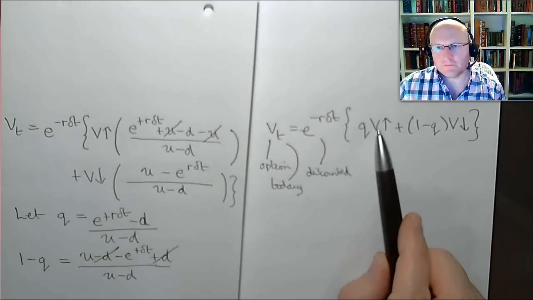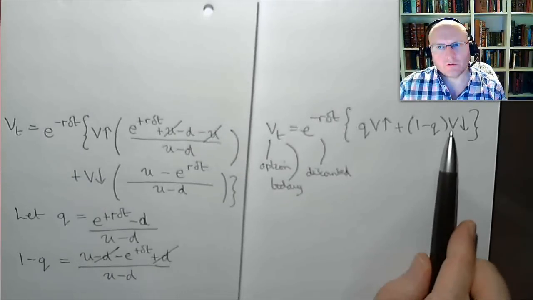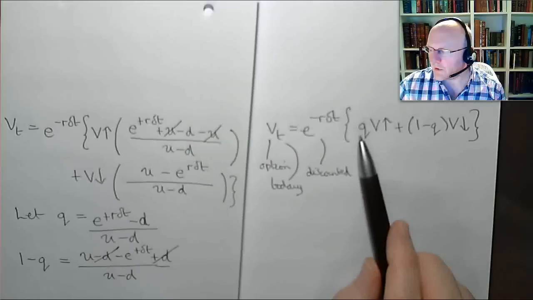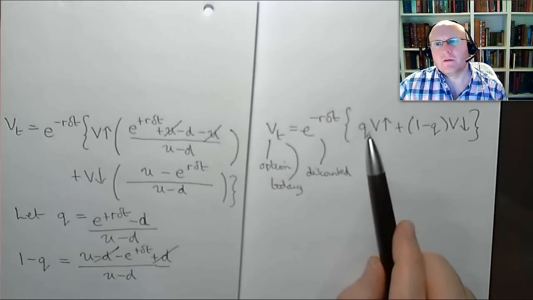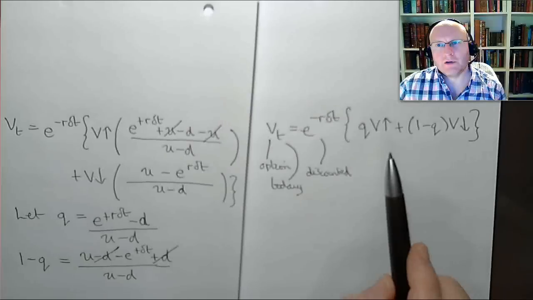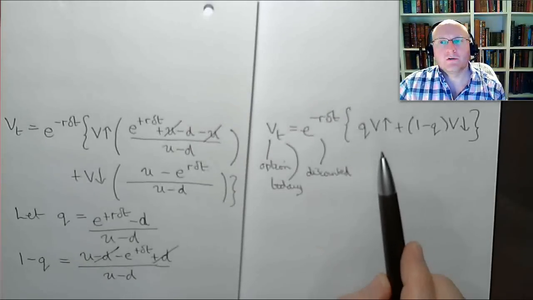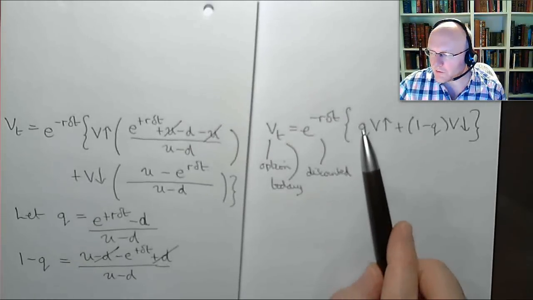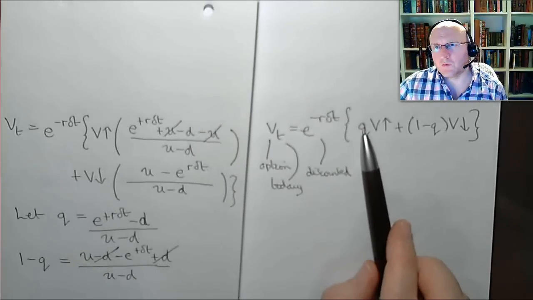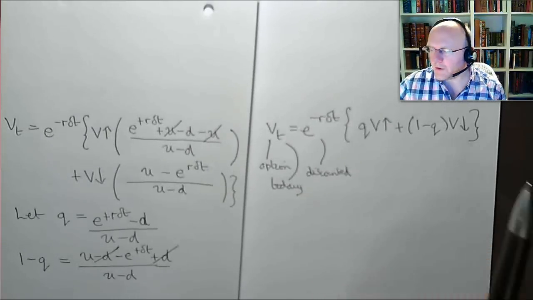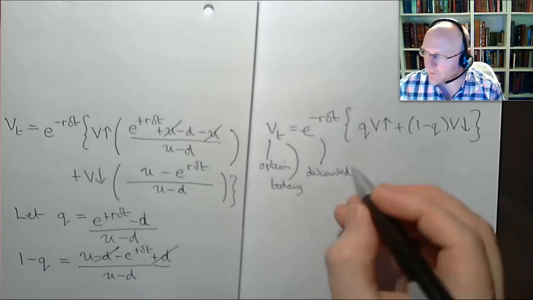So we have q lots of v up and 1 minus q lots of v down. Well, if q were a probability, then this expression would be the expected future value. So this is very interesting. Provided we choose q as our probability of an up move instead of our original probability p, then we can write this whole thing as an expected future value.